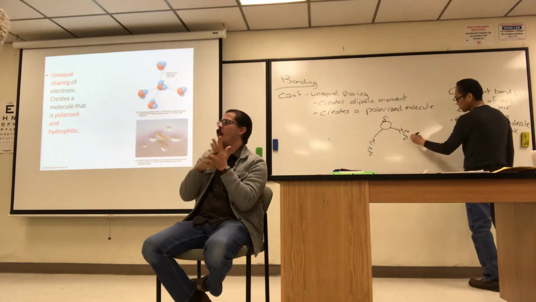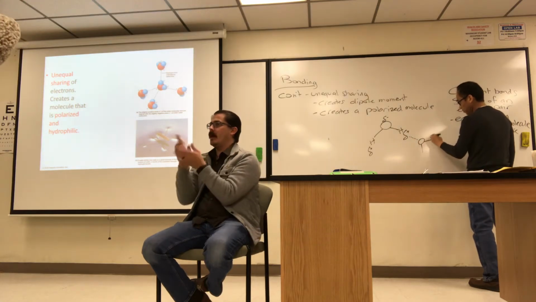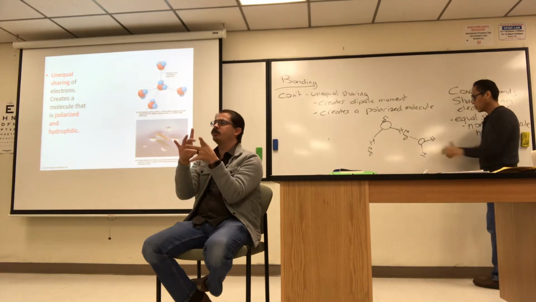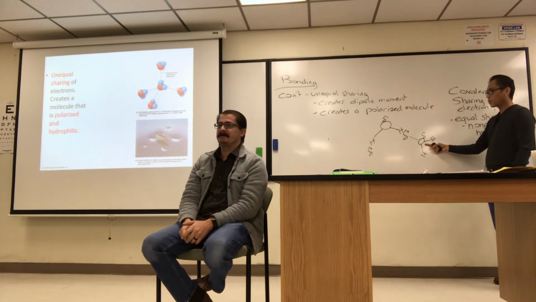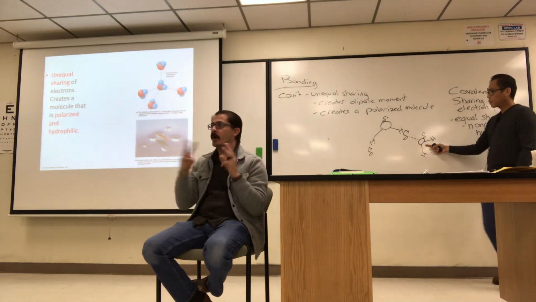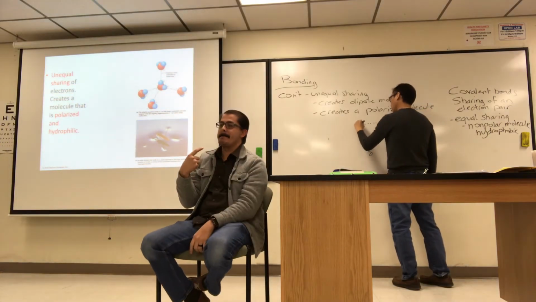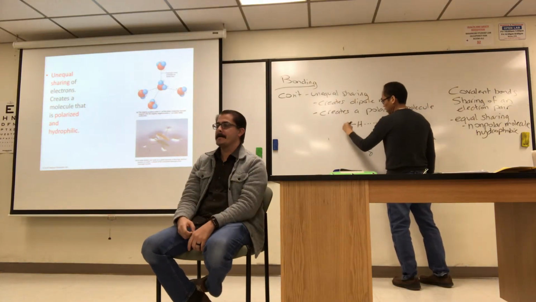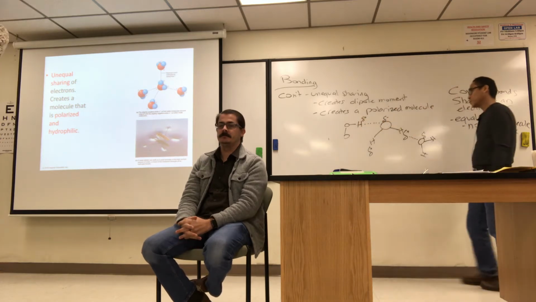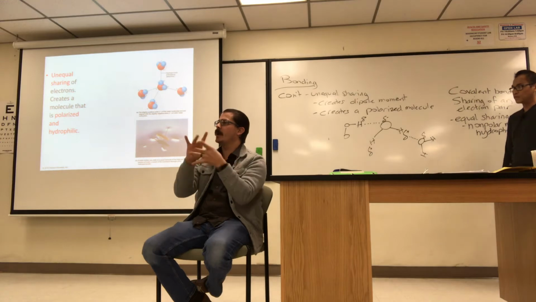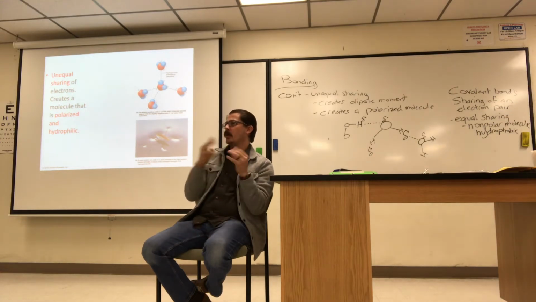This partial positive charge is weakly hydrogen bonded to a partial negative charge of another nearby water molecule, and that negative charge is weakly attracted to the partial positive charge of a hydrogen atom of a neighboring water molecule. And that creates a surface tension.